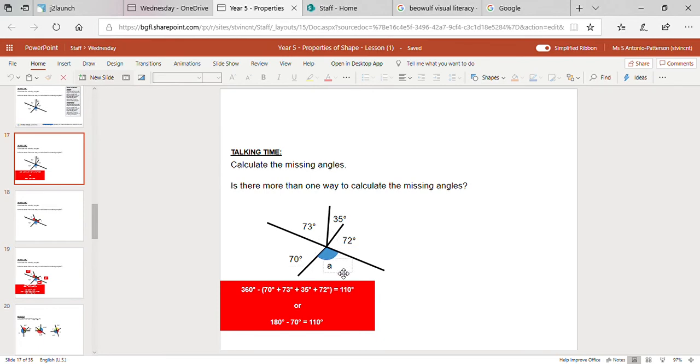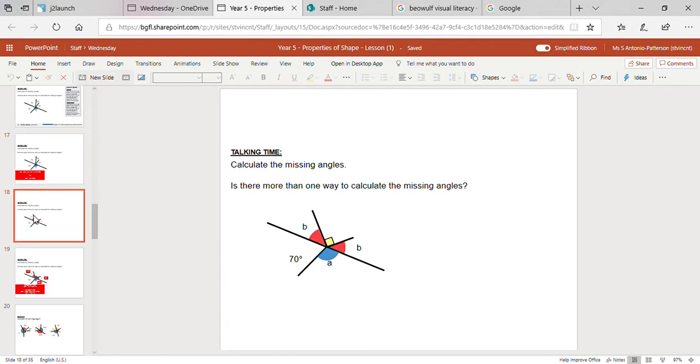Therefore, we know that this angle must equal 110 degrees because 110 add 70 equals 180 degrees. So we already know that 110 add 70 equals 180, so we already have the size of angle A.